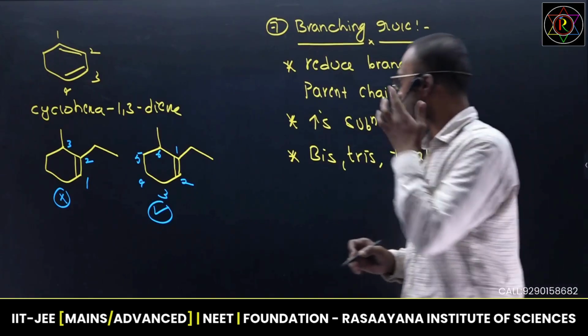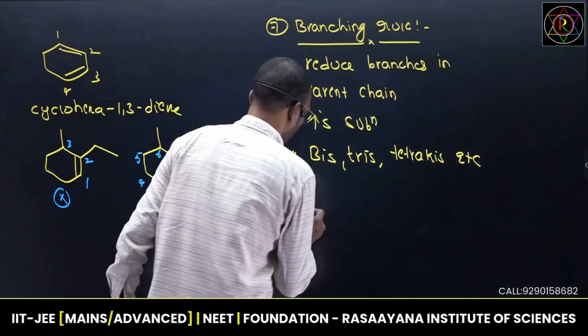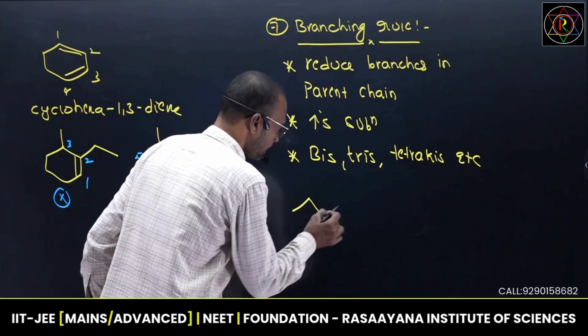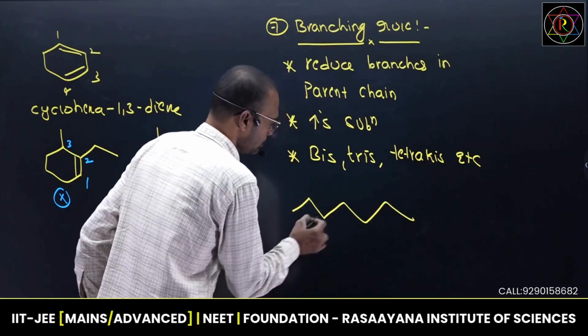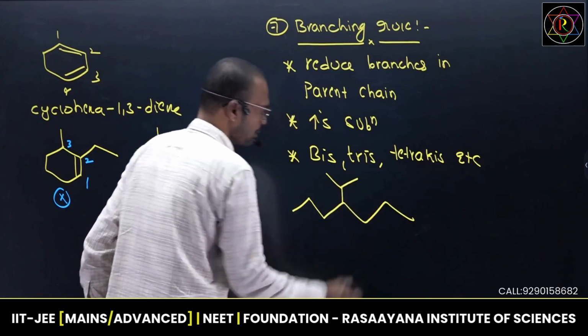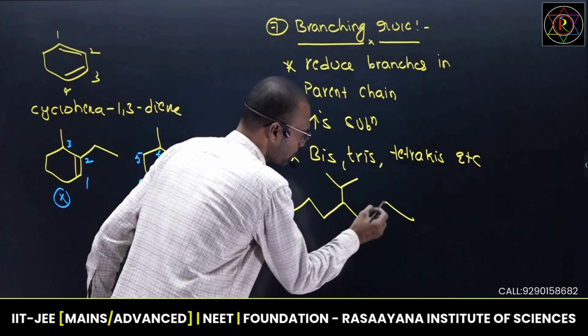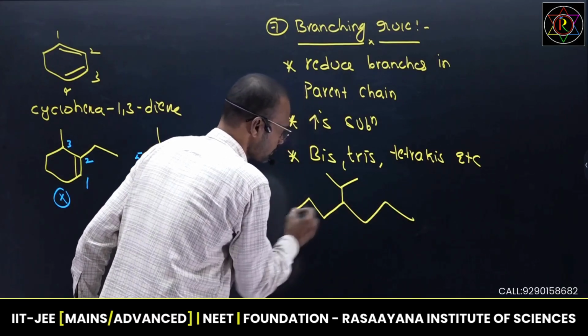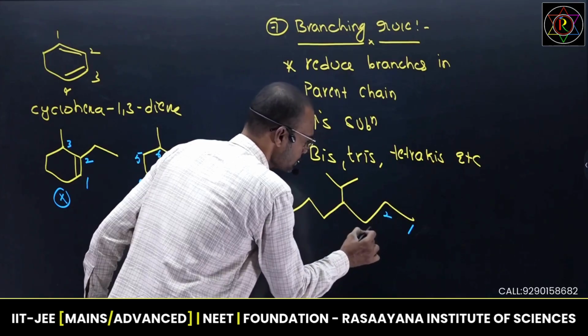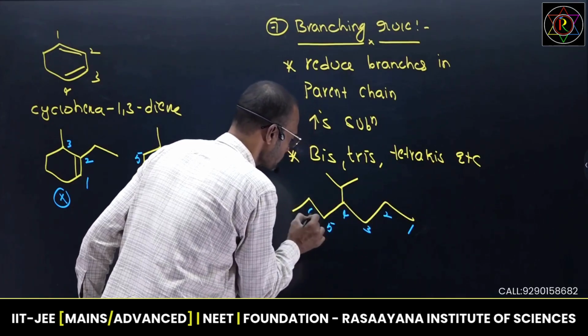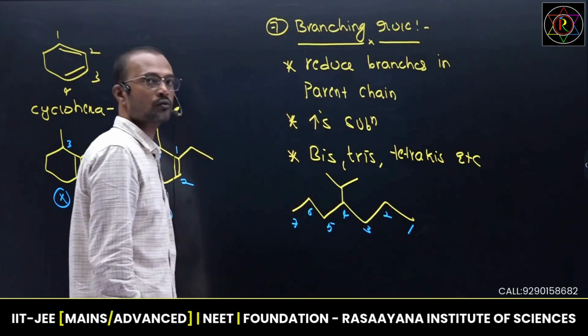Here I am going to take one example. See, this is a branch. Remember, this is the parent chain: 1, 2, 3, 4, 5, 6, 7. This side 7 carbons are present. This is the parent chain. This is not a substitution, now it is a branch.